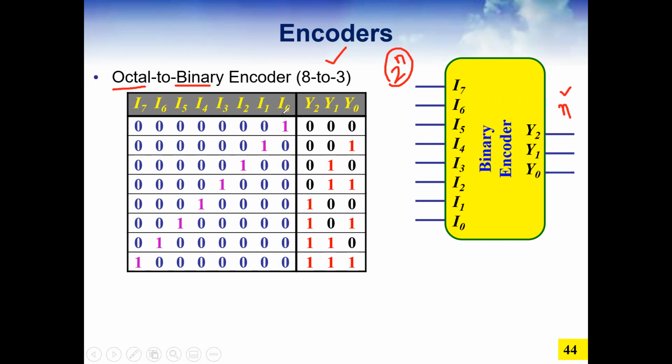In octal we have only the digits 0 to 7, so we have 0 to 7 inputs. If input 7 is high, we are looking for the binary equivalent of octal 7, so the output will be 111.